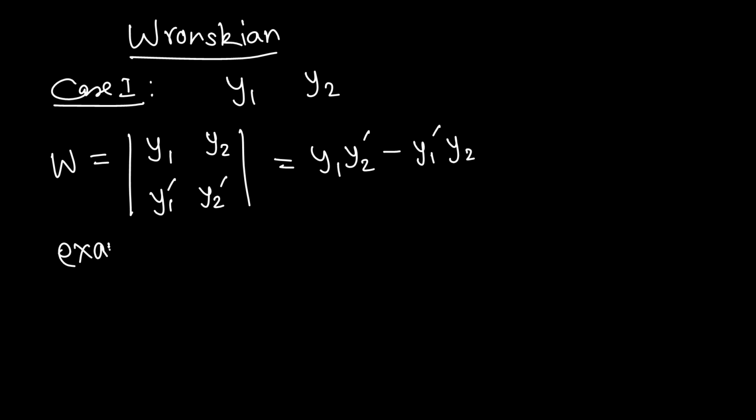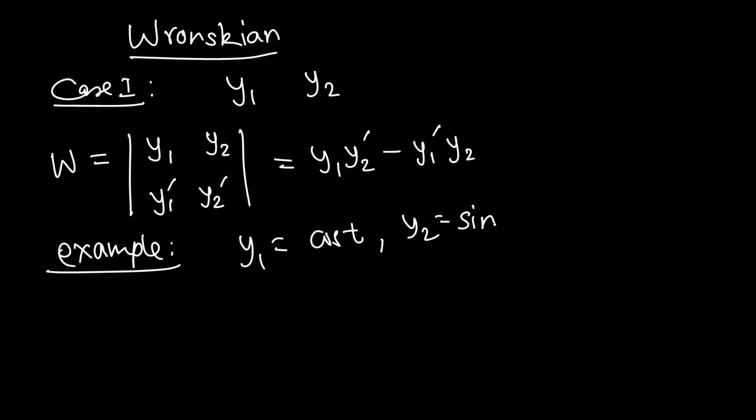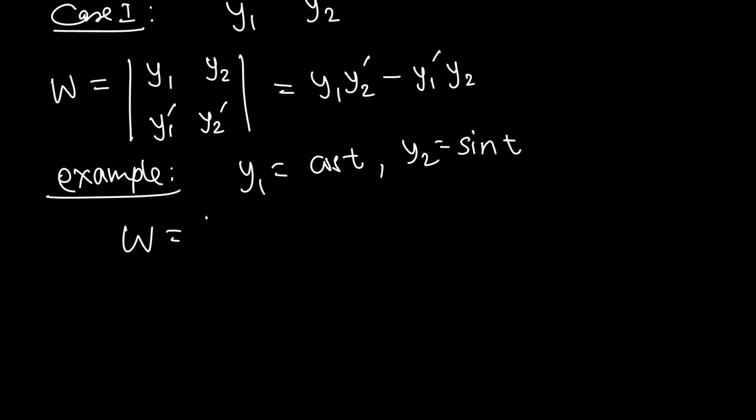Like if we have two functions, let's say cosine t and sine t, and we are asked to find the Wronskian of these two functions, then the Wronskian will be cosine, sine in the first row. In the second row, now we find their derivatives.